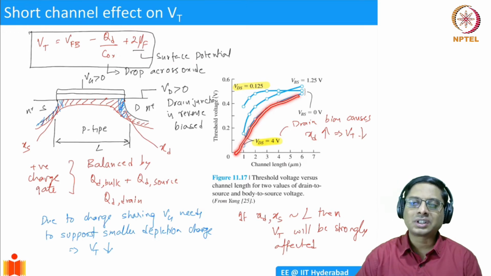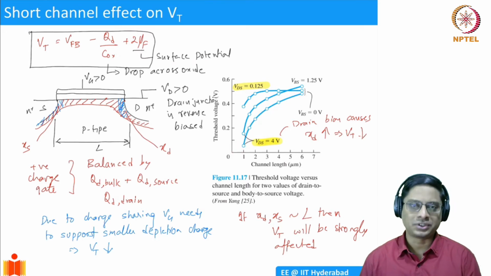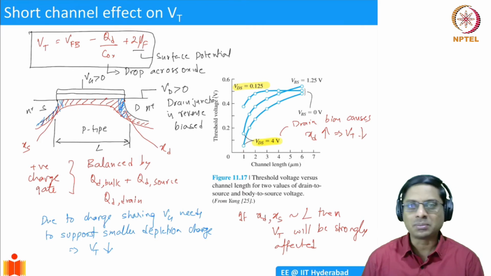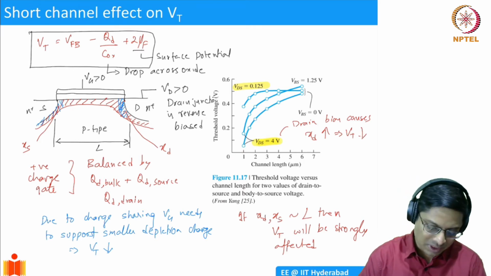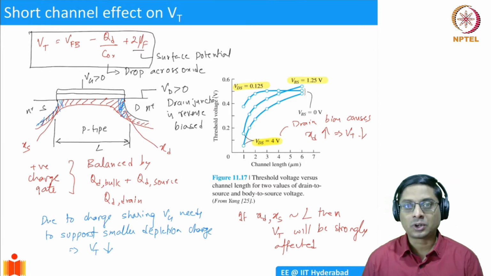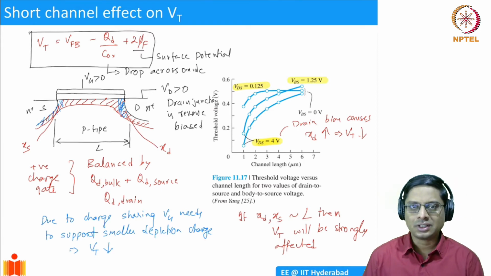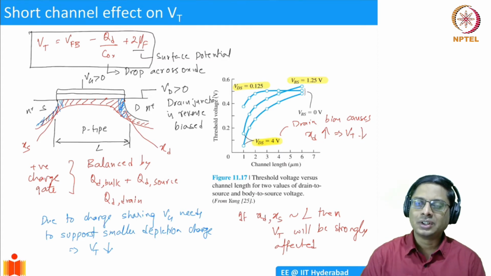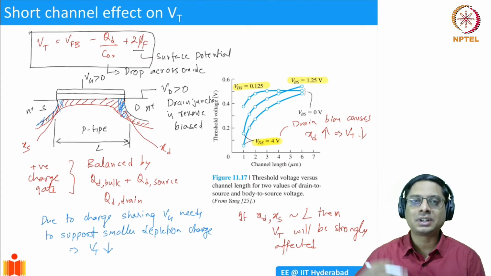And what if I apply a bulk potential? In this case, the bulk is P-type, and I'm applying a VBS of 1.25 volts. So I'm positively biasing, forward biasing the drain bulk junction. If I forward bias the drain bulk junction, I'll reduce my depletion width. So we have to apply greater voltage at the gate to support the same amount of depletion charge.